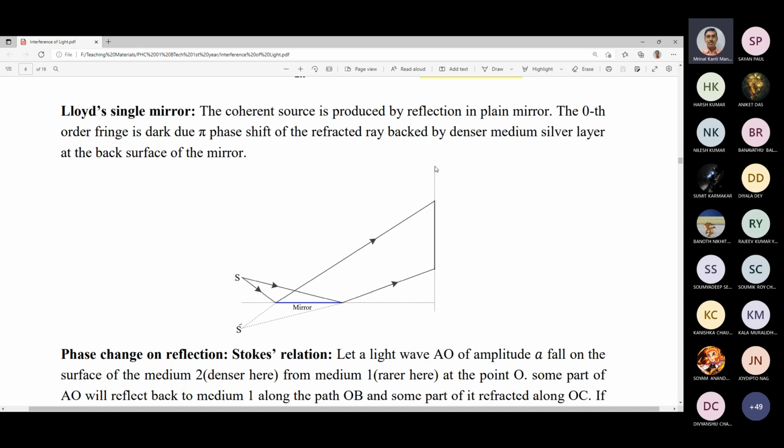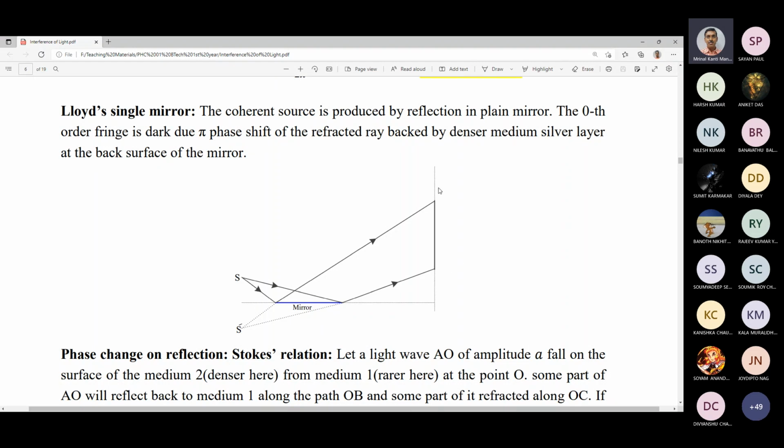Now, before changing the position of the screen, we can consider what is the path difference between these two beams. One beam is the direct beam, another is the reflected beam.